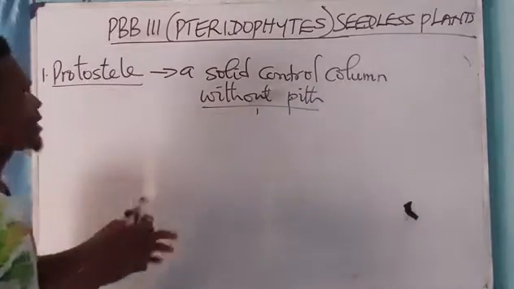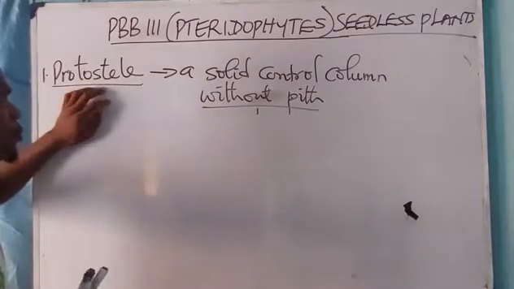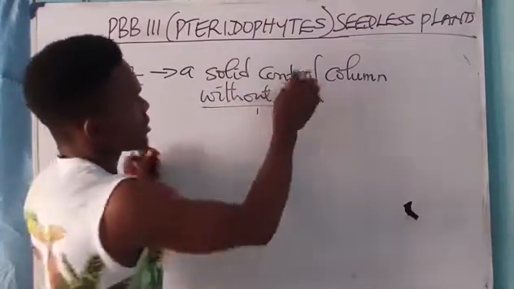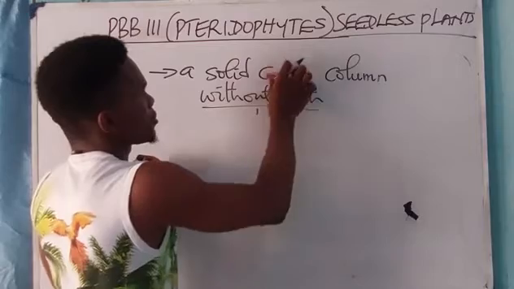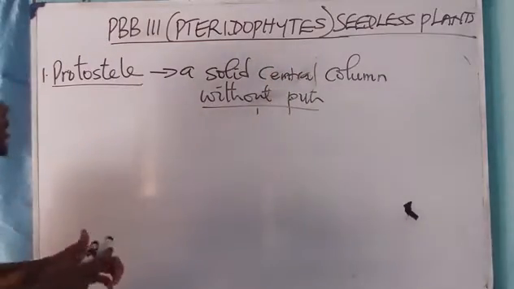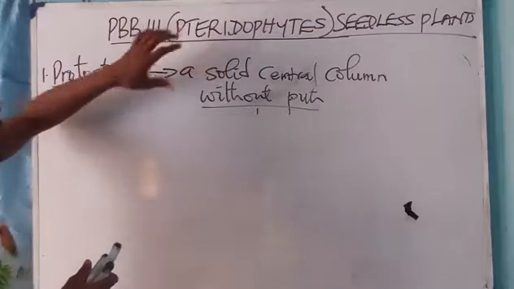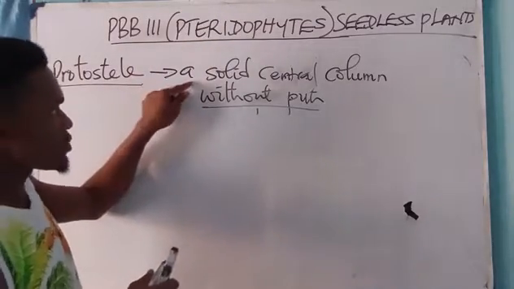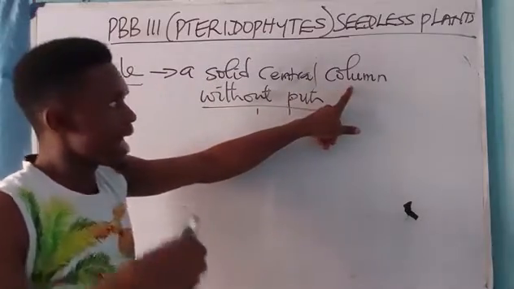A pteridophyte is said to be protostele when there is a solid central column.